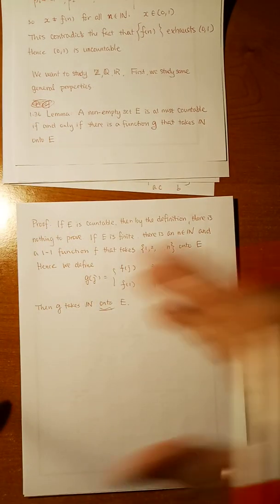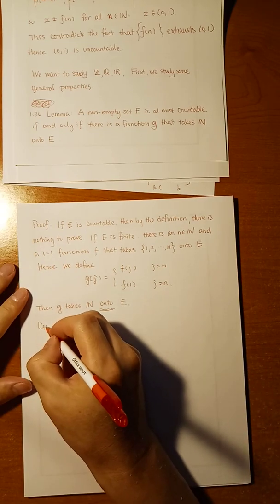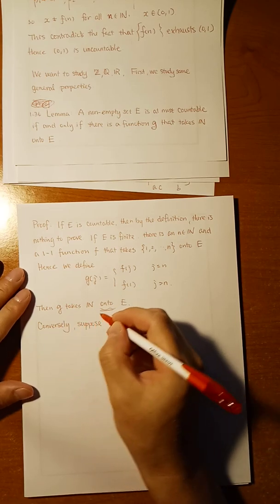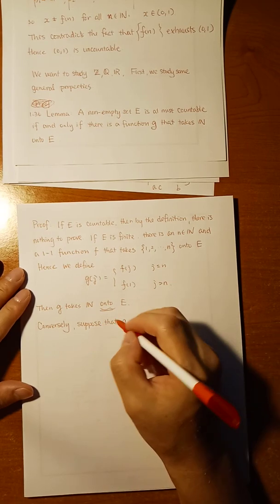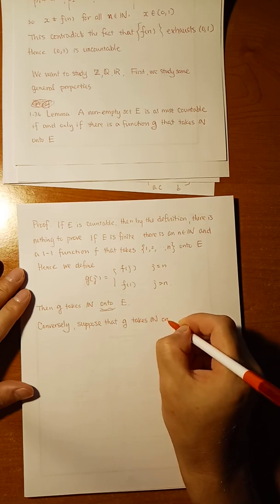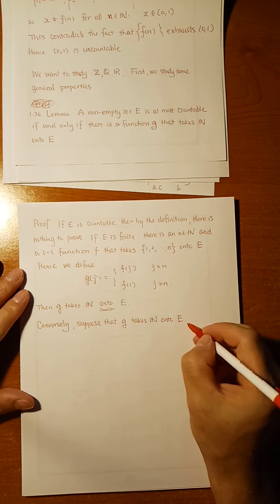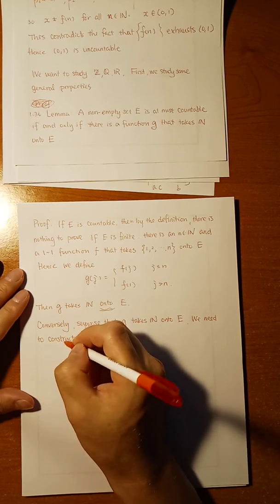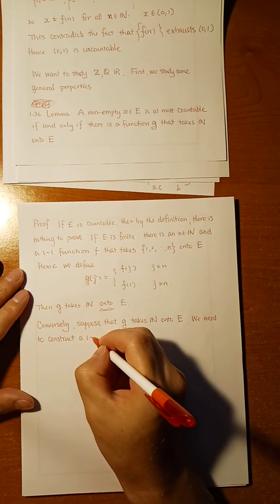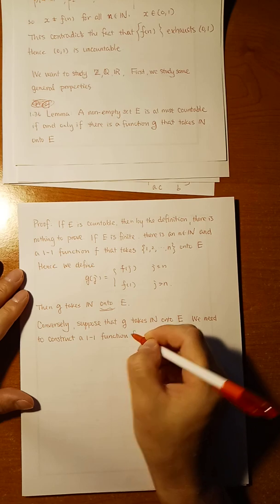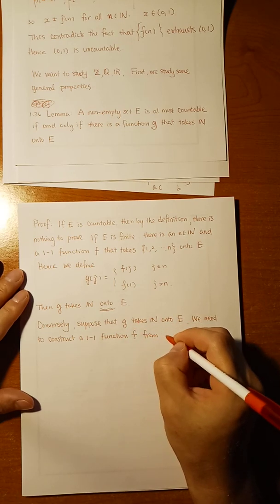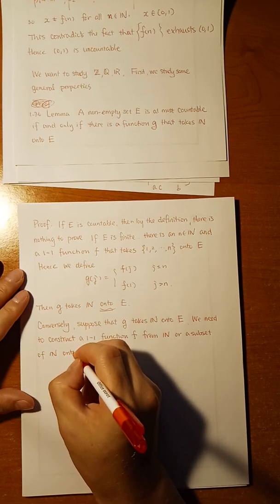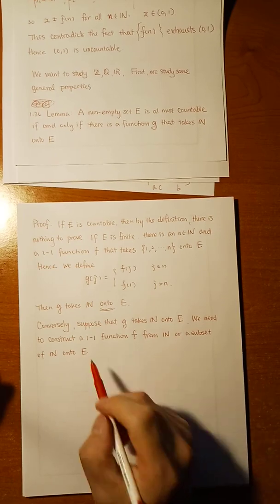All right. Next, we're going to prove the converse. Conversely, suppose that g takes N onto E. We need to construct a one-to-one function f from either N or a subset of N onto E. This time we have to emphasize it's one-to-one and it is onto.